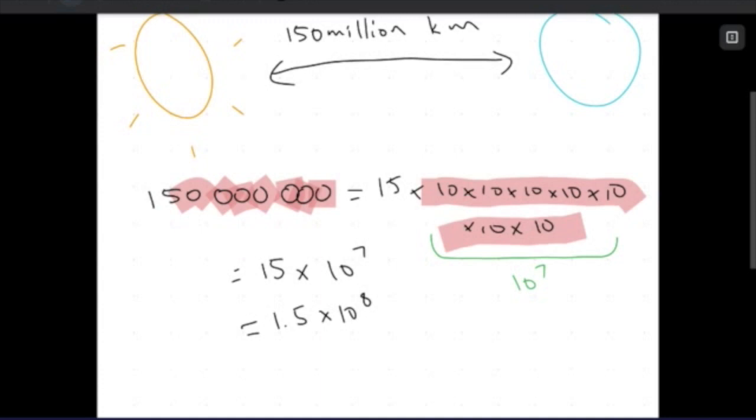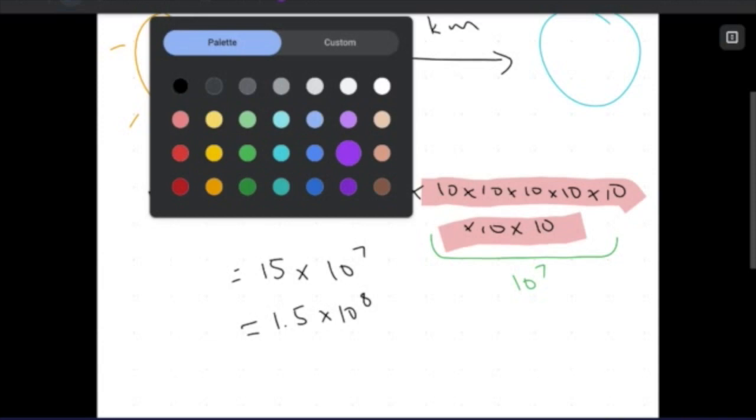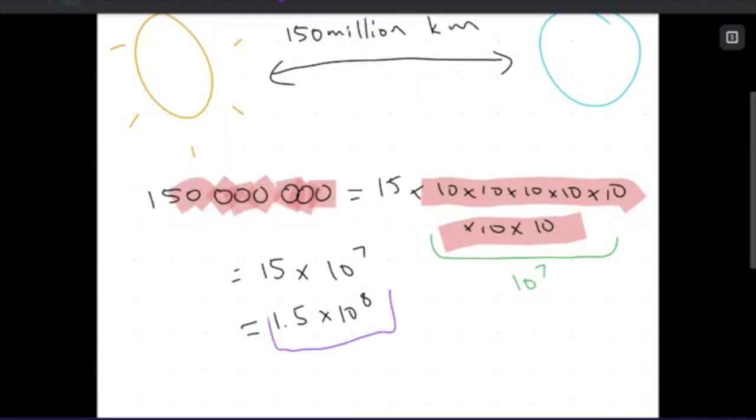Because this form here is the general way we express things in scientific notation. Because we're dealing with big numbers, especially once we round them to a certain number of significant figures, we're going to get a lot of 10s multiplying by each other. And we can express this using our indices just as 10 to the power of however many 10s we had.